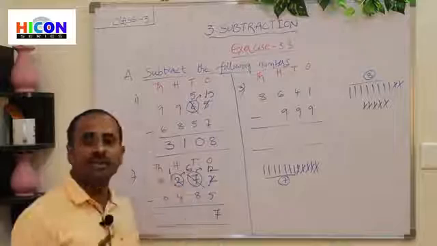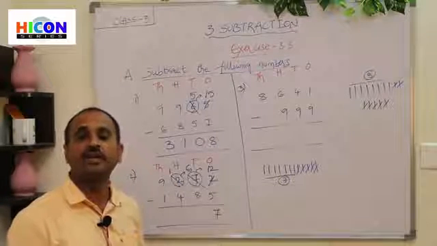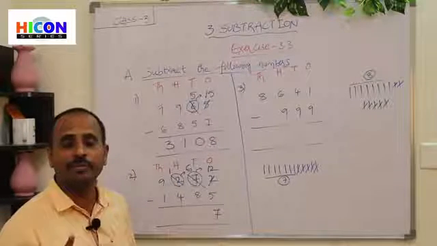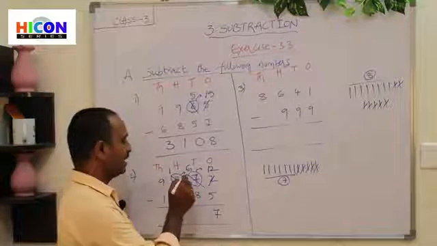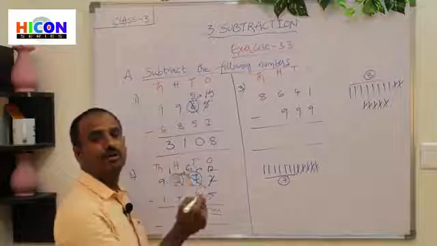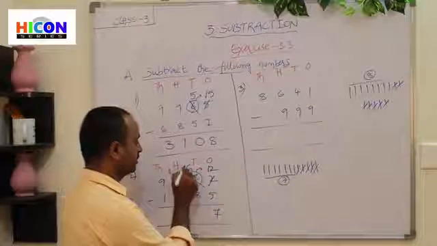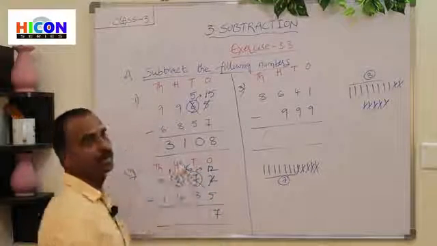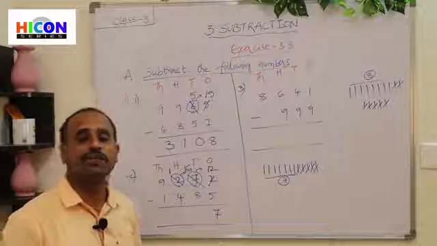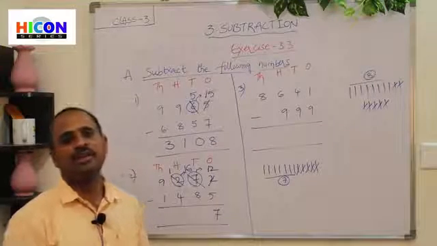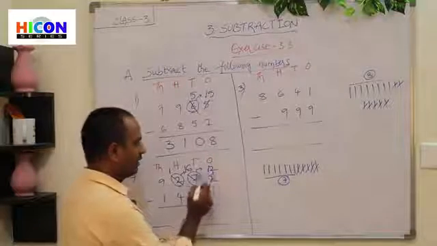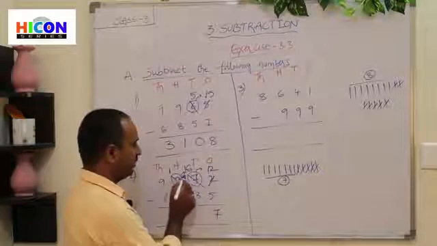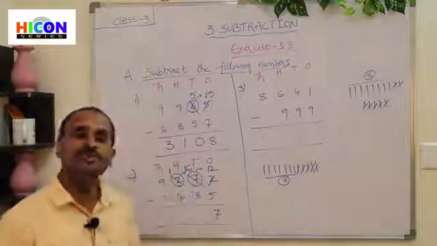And carry the borrowed 1 hundred to the tens place. If we carry 1 hundred to the tens place, how many tens does it become? So 1 hundred becomes 10 tens. Already there are 6 tens, and if we carry 10 tens, the total becomes 16 tens. So if we borrow, we simply write 1 before it. Here there is 6, and write 1 before it, then it will become 16.